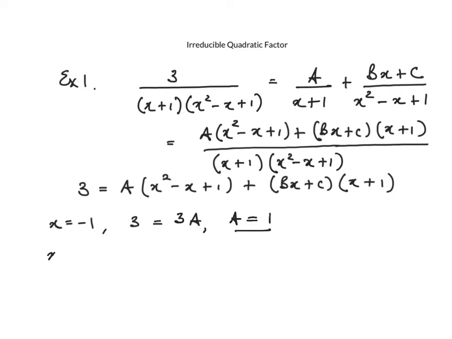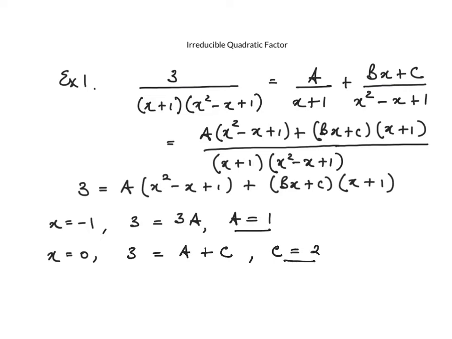The next value of x that I'm going to choose is x equals 0, because x equals 0 certainly is a simple value of x to choose, but you can see it's going to eliminate the b term. With x equals 0, we have 3 equals a plus c. Now we know that a is 1, that means that c must equal 2.